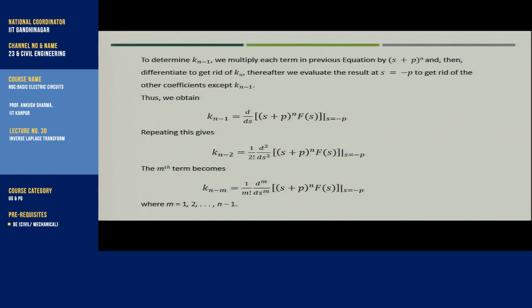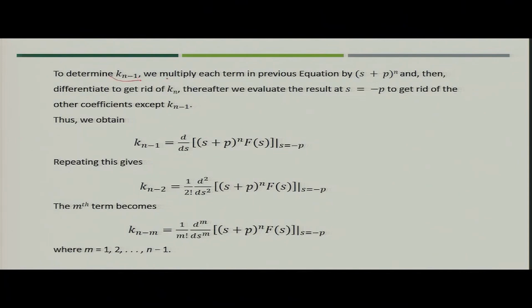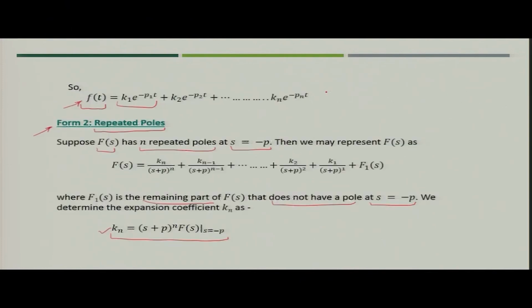For finding the value of K_(n minus 1), we have to multiply each term by (s plus p) to the power n, as we did in this case. If you multiply by (s plus p) to the power n, you will get K_n plus K_(n minus 1) into (s plus p) and so on. Now, you will have K_n as a constant term, but we need to find K_(n minus 1) because K_n we have already calculated. So, what can we do?